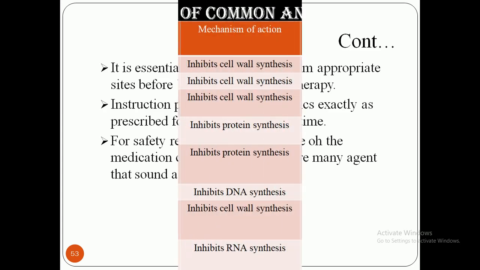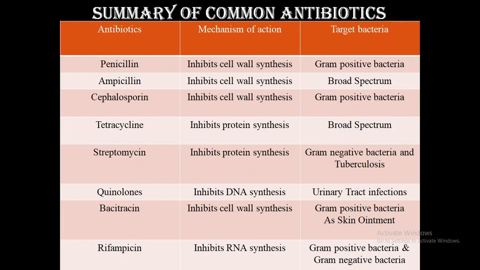Now come toward the main summary, the abstract of the common antibiotics. These are the antibiotics, their simple mechanisms and target bacteria. For example, penicillin is a beta-lactam antibiotic. It inhibits cell wall synthesis, so it is called a cell wall synthesis inhibitor, and it targets gram-positive bacteria.